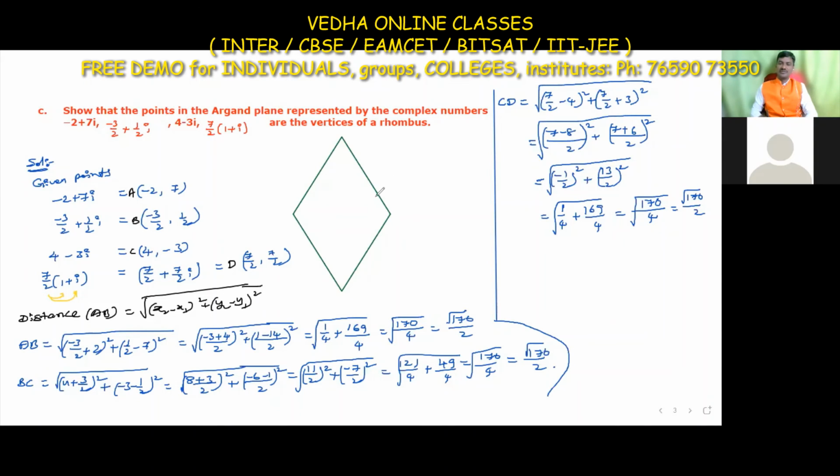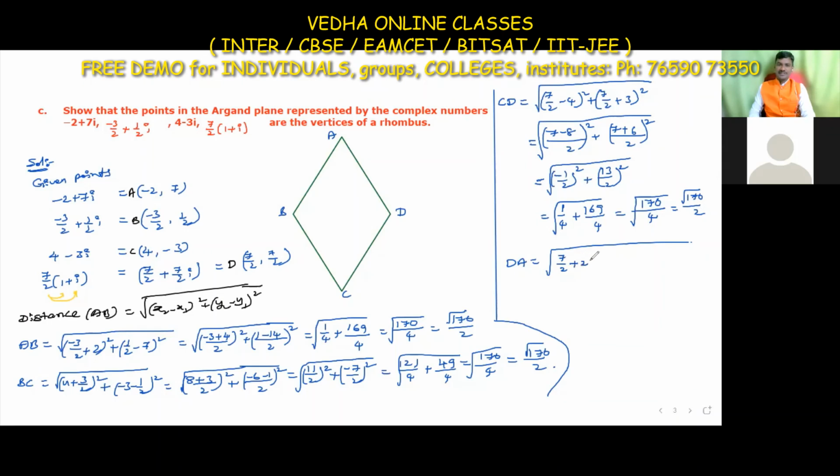This is CD. Now find the D and A distance. A, B, C, D. So we find the distance D and A.